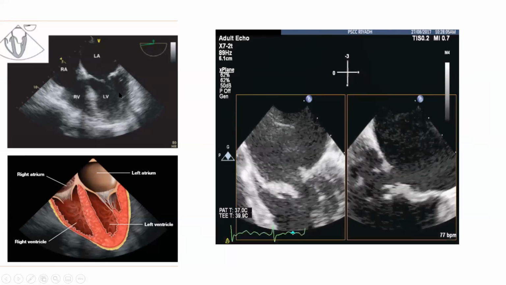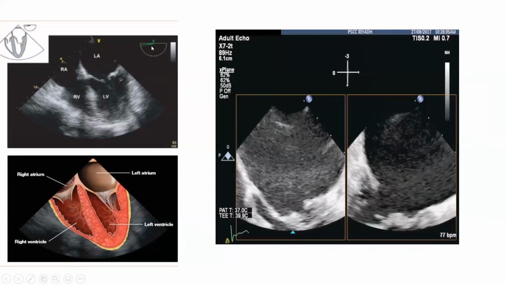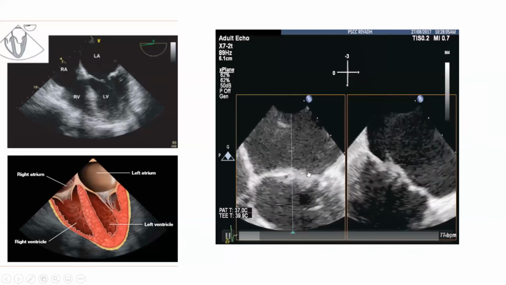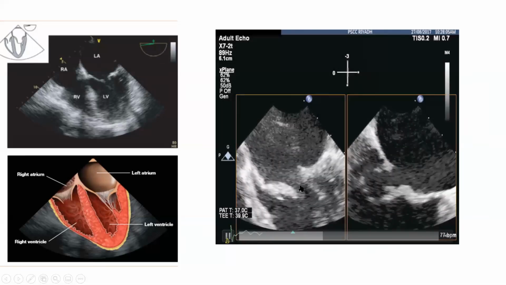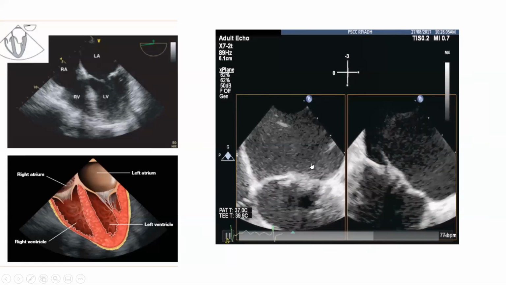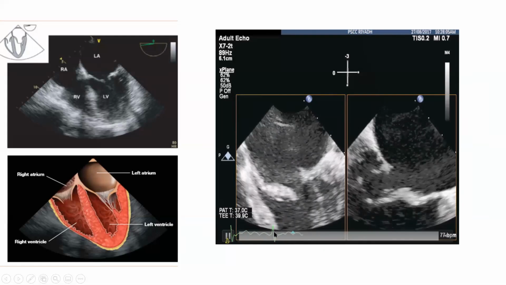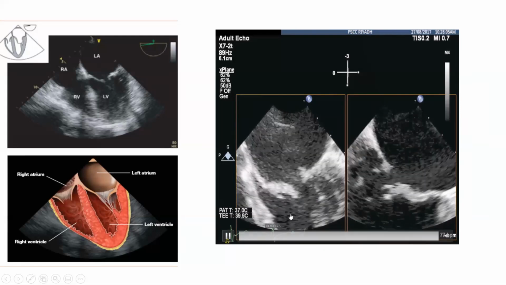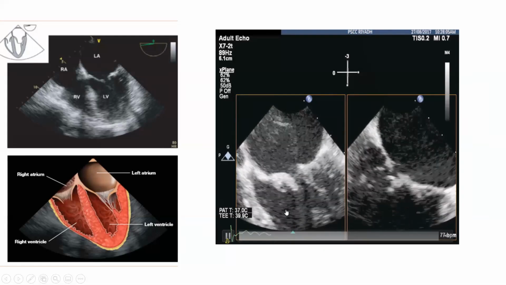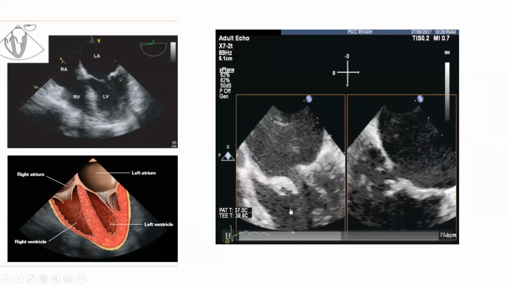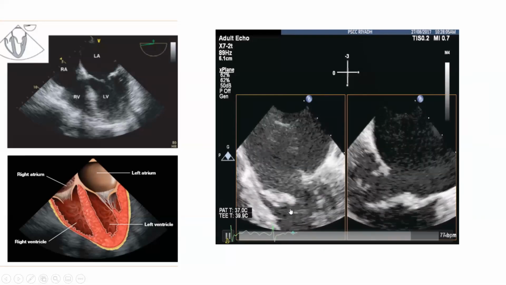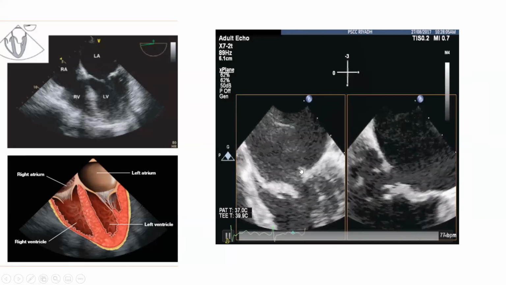But I'm stressing here that we are still at 0. I zoomed on the mitral valve to see what pathology is going on, and I put X-plane. Actually, you cannot do X-plane if you zoom, unless you decrease the depth. If you decrease the depth, the image will become bigger.